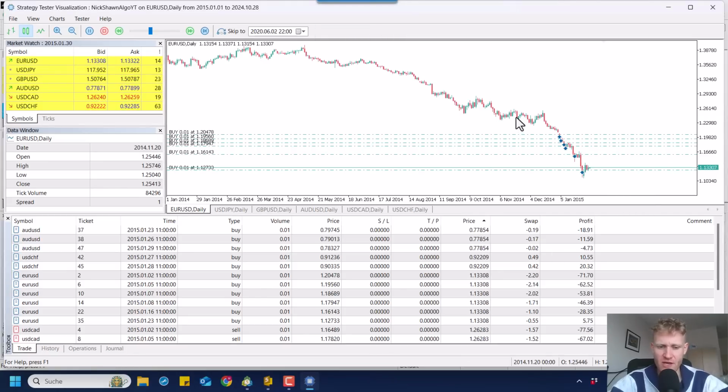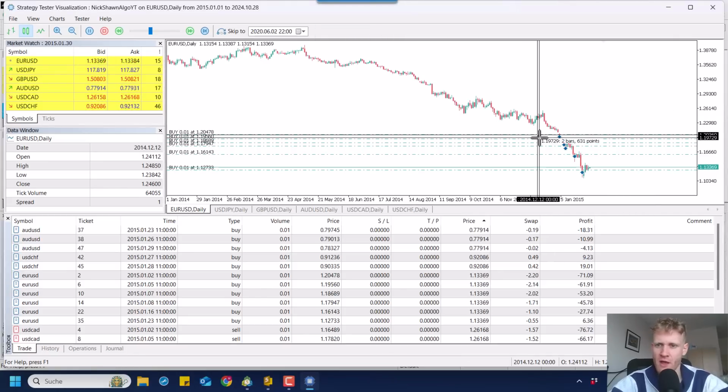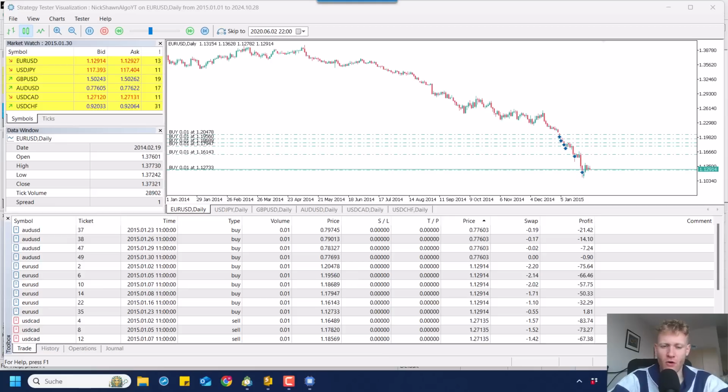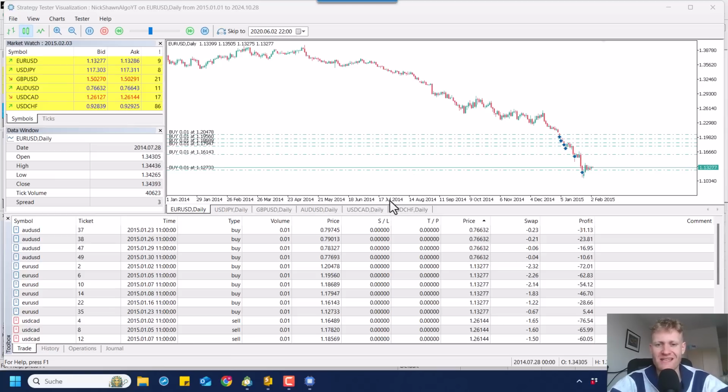You can see this here, for example. This is a very good example. We add more and more trades. The signals are checked once a day at 10 a.m. So at 10 a.m. every single day, every single symbol here is checked, and we check if we have a first signal or if we need to increase the position with another additional signal because the market was not going into our direction.